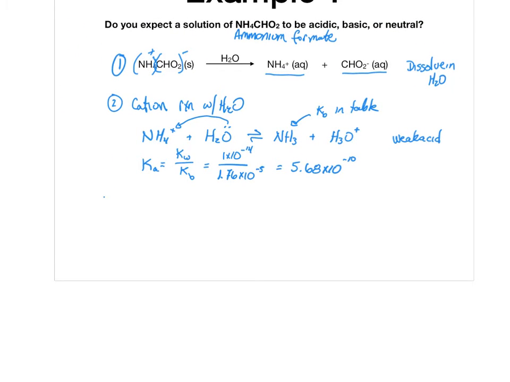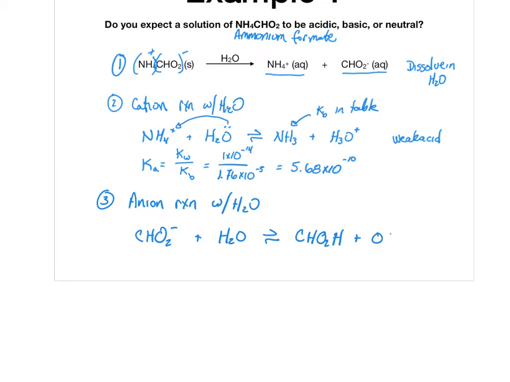Now, we have to do the same thing with the anion reaction with water. And so the anion in this case is the formate ion plus water, forms an equilibrium with formic acid and hydroxide, because this is the base, water is behaving as the acid.